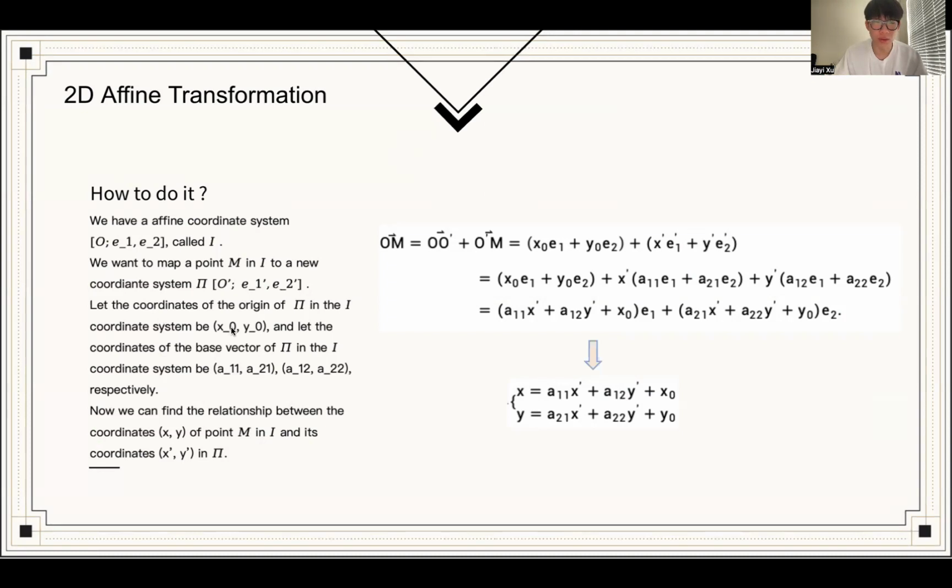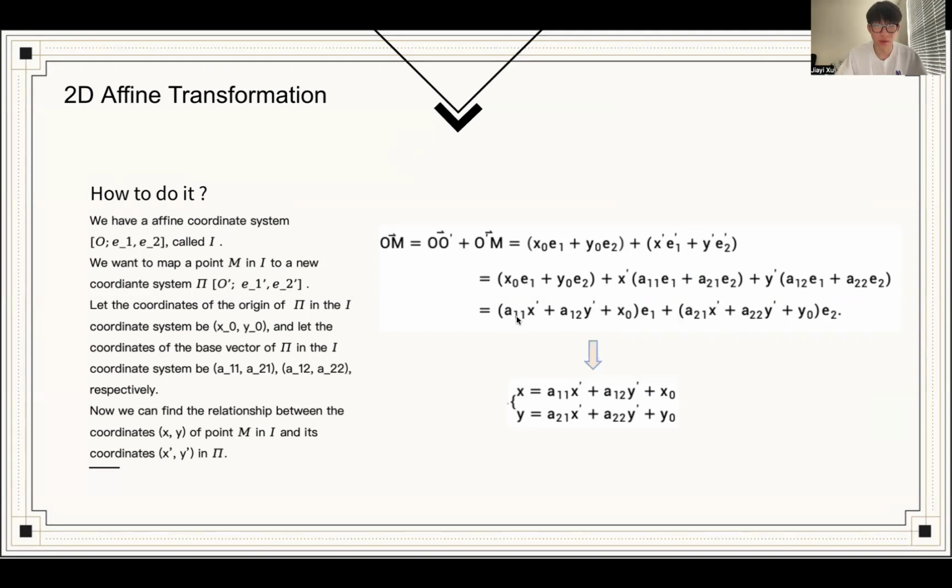The origin is at x0, y0, and the two base vectors of pi are a11, a21 and a12, a22. With this equation, we can represent any point in the LOTA coordinate system using only parameters about the pi coordinate system.